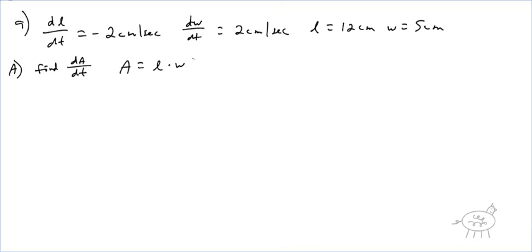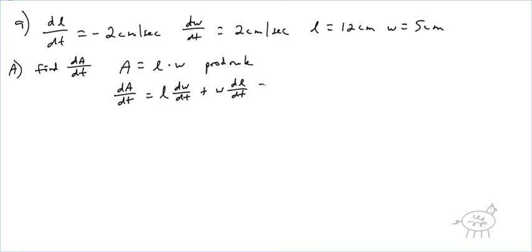And then we're going to take the derivative. Of course we're going to use, in this case, the product rule. First of all, it's dA dt. So it's the first times the derivative of the second, which is the derivative of w, dw dt, plus the second times the derivative of the first, so dl dt.